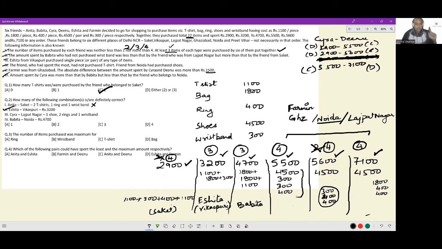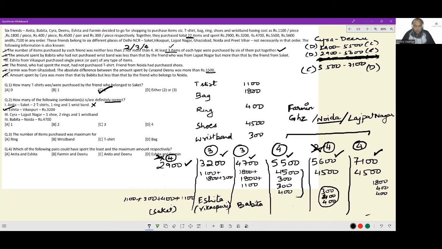Oh, I need definitely correct, no? So let me try to disprove this case. No, Saira is lower than Noida. Oh, I can have Saira at 5600, no?